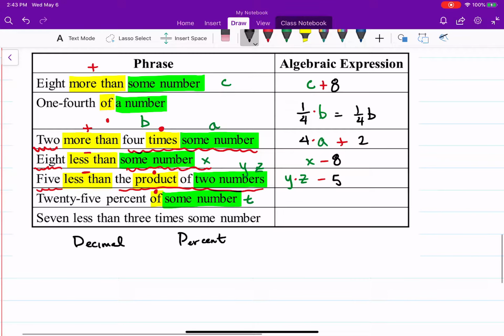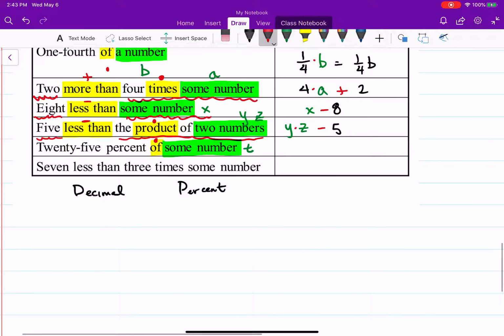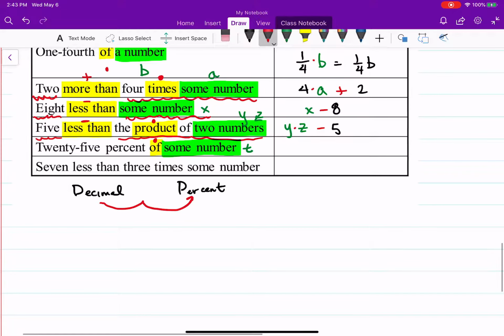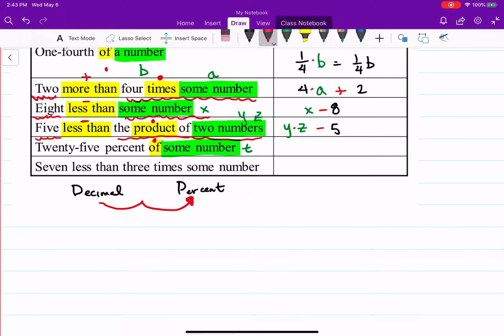Either way, we're changing. If I go from decimal to percent, I go 2 decimal places to the right. If I go from percent to decimal, then I go 2 places to the left.